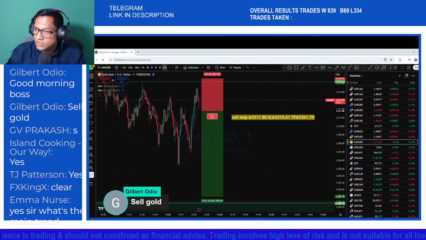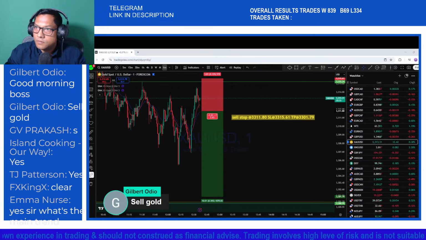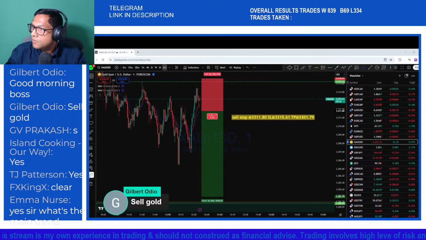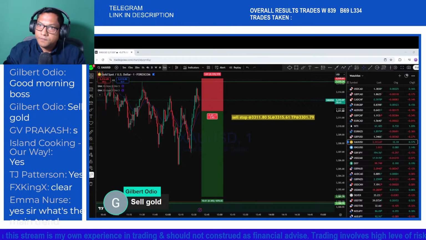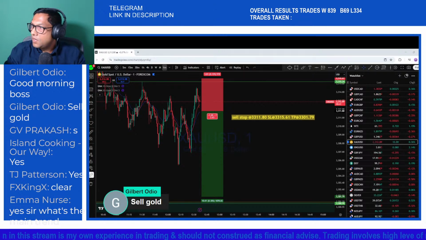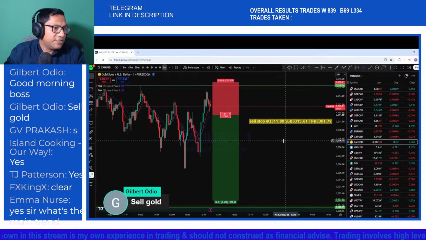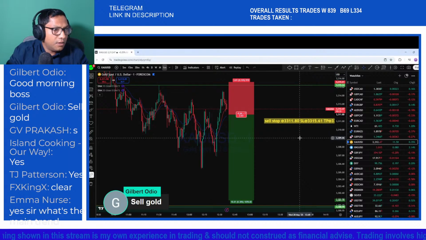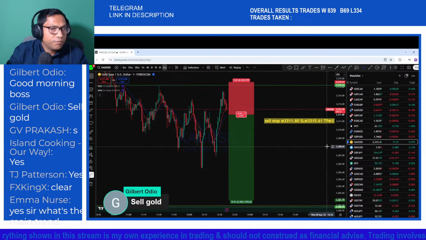So I placed a sell stop, still not triggered. Placed a sell stop here. We might see a potential trigger.